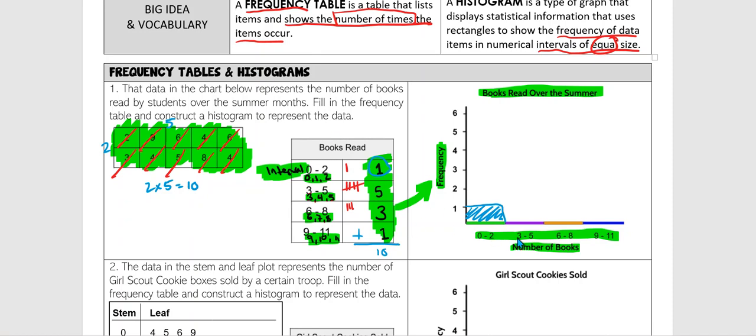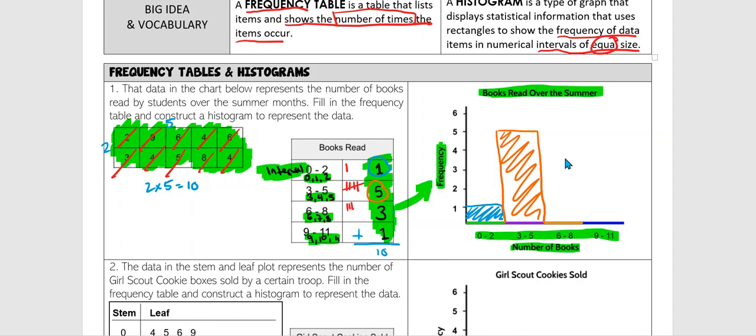And our next one, 3 to 5, was 5 units tall. So when I draw this next bar, I'm going to make sure that it touches the 0 to 2 bar. This is how they're a little different than a regular bar graph. The bars actually touch here, and we can color that in. And this goes all the way up to 5 because that frequency was 5.